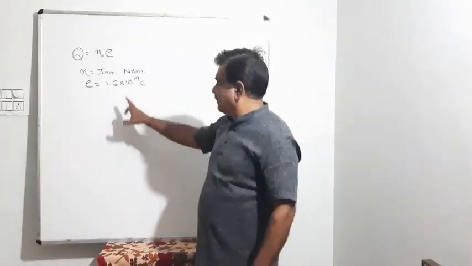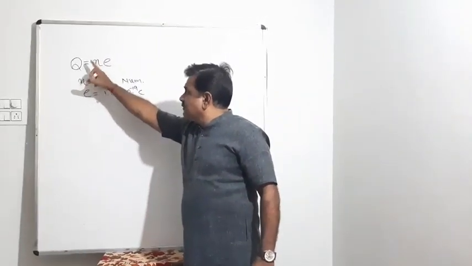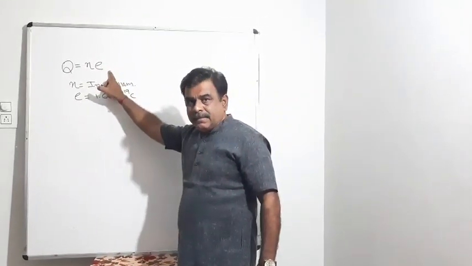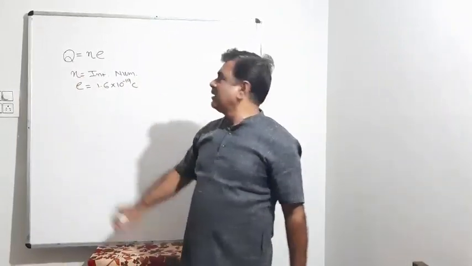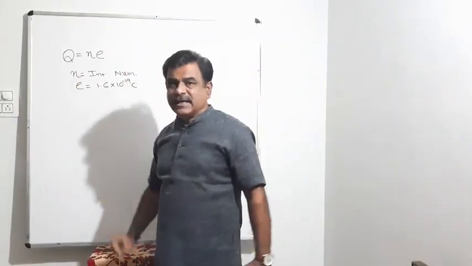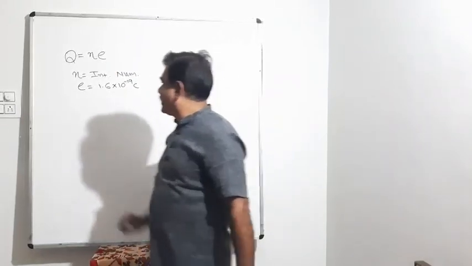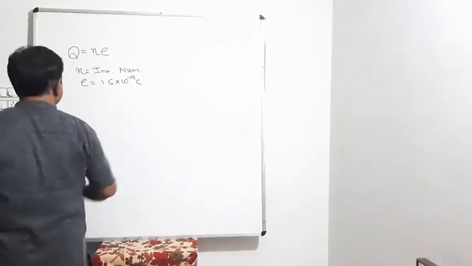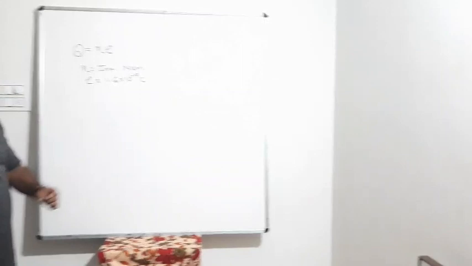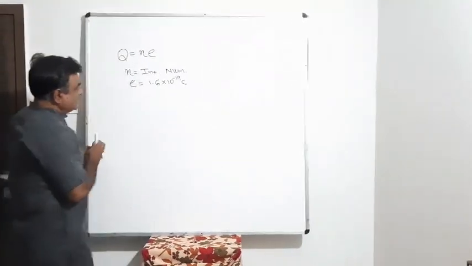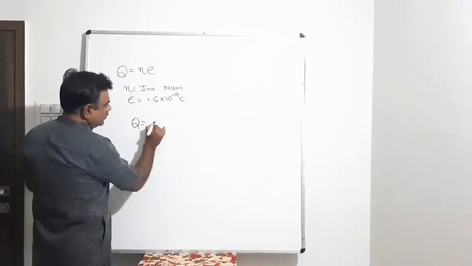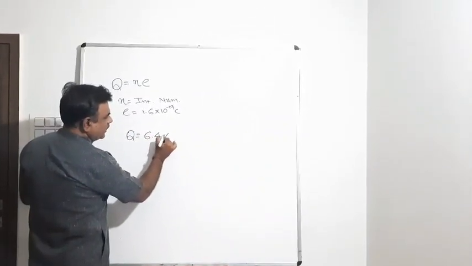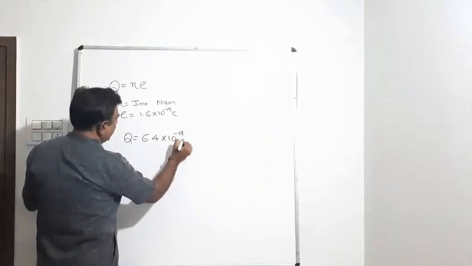Same way here, charge is a multiple of e. Net charge found on the body is an integer multiple of the basic electrical charge, where the basic electrical charge I have written as 1.6 × 10^-19 coulomb. Take one example. Let's say Q is equal to 6.4 × 10^-19 coulomb.